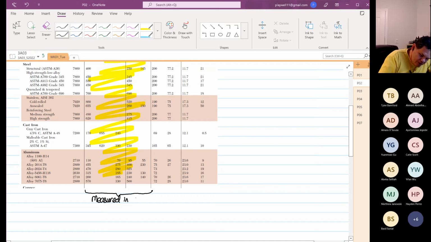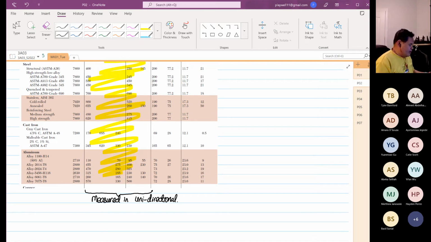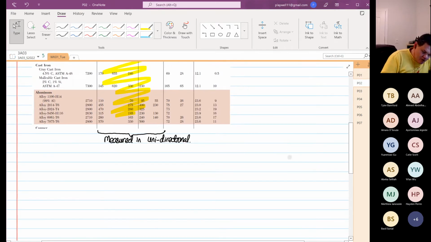In unidirectional. Okay. So what do we mean by unidirectional? The most commonly used is tensile.